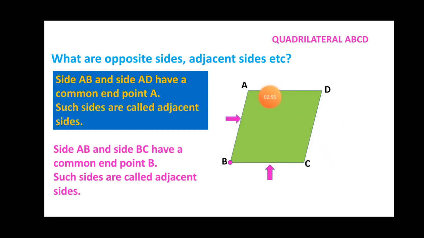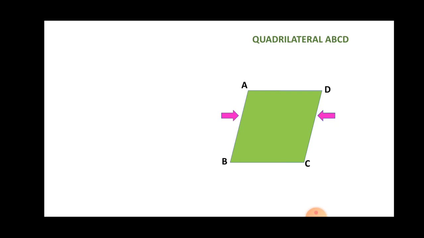And if we talk about the side AD and side DC, they also have a common endpoint at vertex D. Hence, these two sides, side AD and side DC, are also called adjacent sides of quadrilateral ABCD.